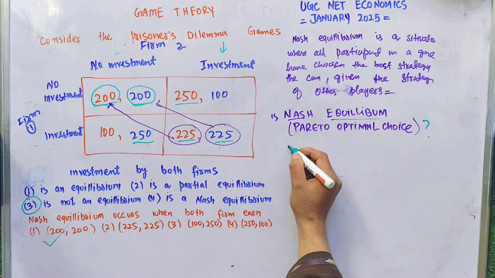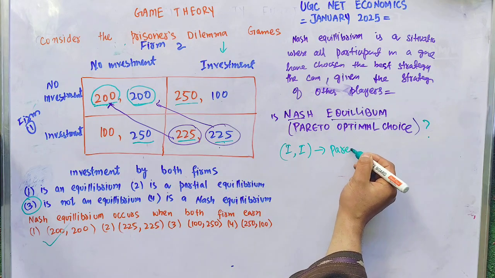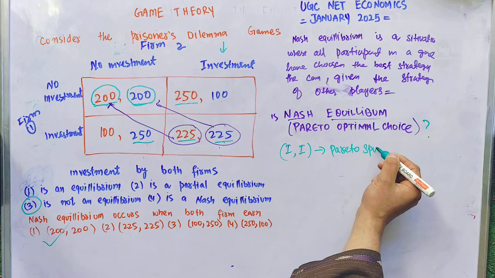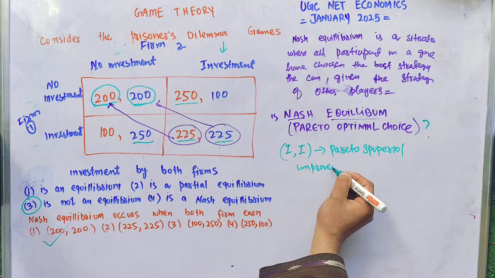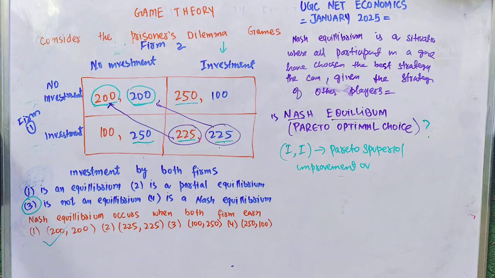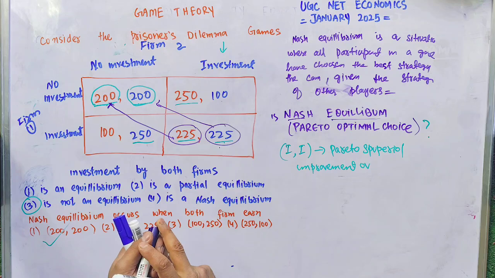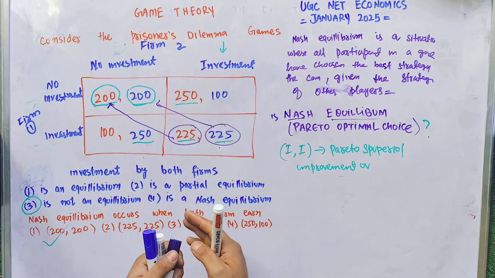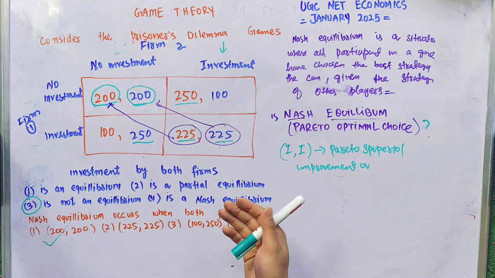In fact, in this case, investment when both choose it is Pareto superior, or a Pareto improvement over this Nash equilibrium. Okay, so other questions that I can recall were also given: whether there is some kind of underinvestment problem, or how can we avoid the underinvestment problem.